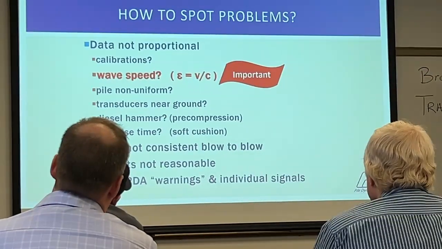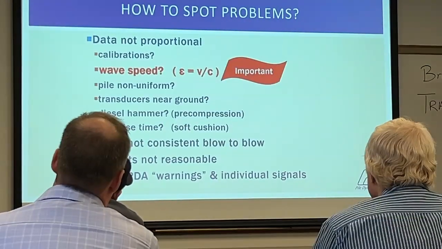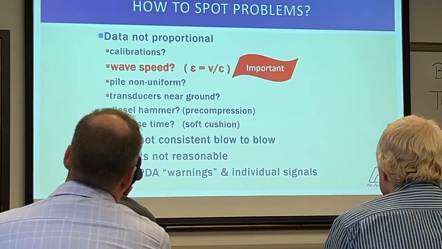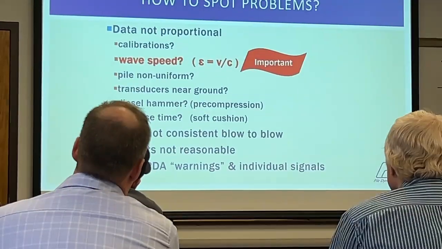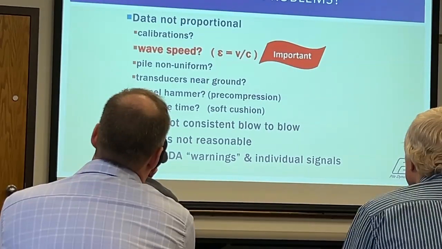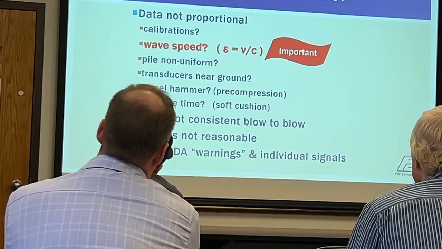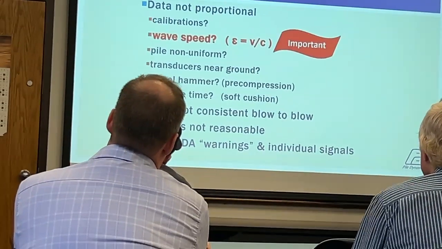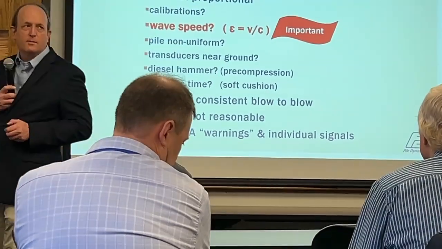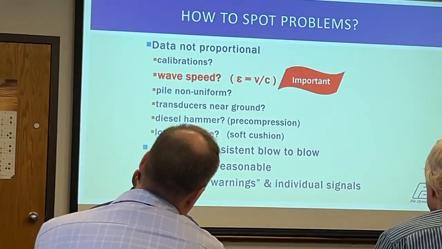Because if you are doing a restrike at very high resistance, remember that soil resistance causes force and velocity to separate, and we may get that almost immediately. Is there pre-compression for a diesel hammer? Is there a long rise time? All of that is reasonable reasons why the data may not be proportional, but is the data consistent from blow to blow? That's something that's not so easy to do in a review scenario, but it's very easy to do when you're looking at the actual data files.